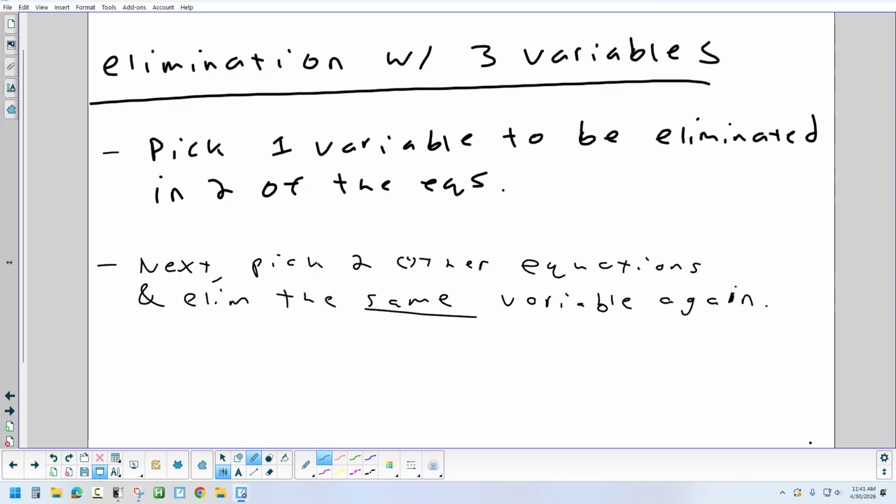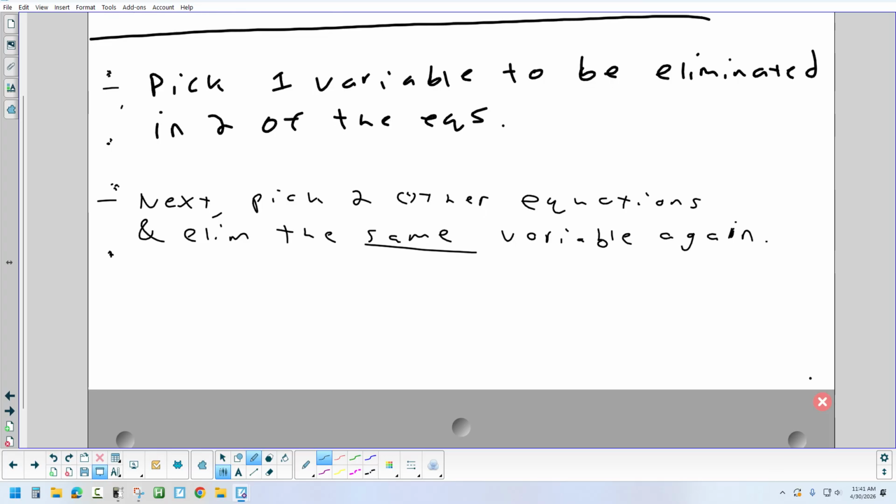Once you do that, you're going to be creating a new equation in step 1 that only has 2 letters. You're going to be creating another new equation in step 2 that only has 2 letters. Now you're going to have 2 equations with 2 letters. One equation from here, one equation from here. So now you have 2 new equations with 2 letters.